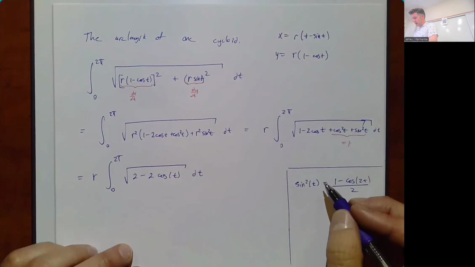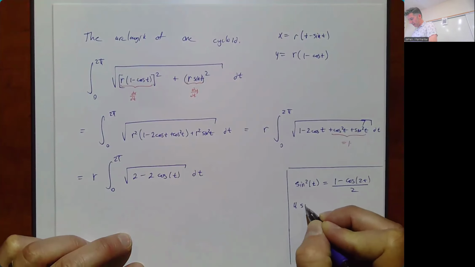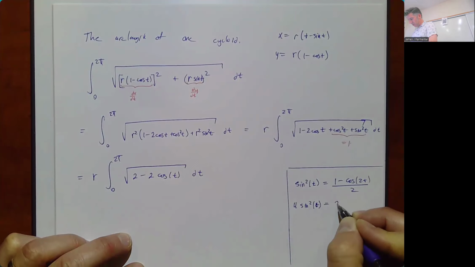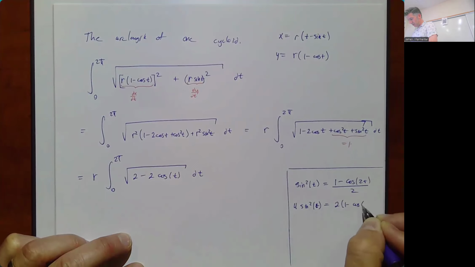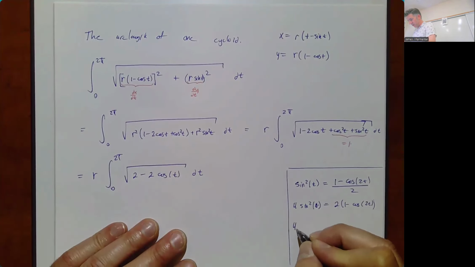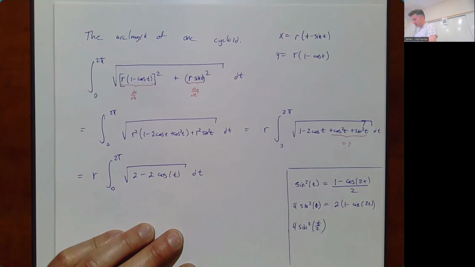So I could multiply both sides by 4 and say 4 sine squared of t is equal to 2 times 1 minus cosine of 2t. And then I could replace the t with t divided by 2 and say that 4 sine squared of t divided by 2 is equal to 2 times 1 minus cosine of 2 times t divided by 2.